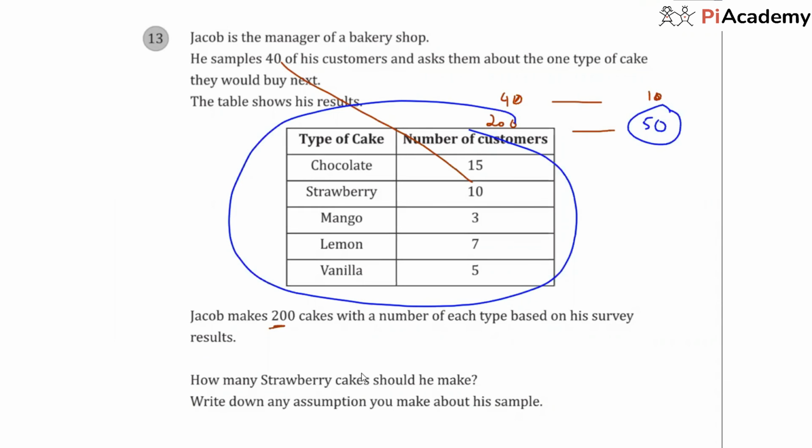It is not speculative research or something. That's what we are assuming. That's why we are saying if 40 students are taking strawberry, we are calculating for 200, it would be 50. But if it is speculative research, we can't do that, right? Yes, we assume that. Thank you. Wonderful. See you.